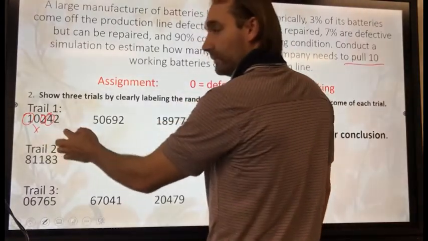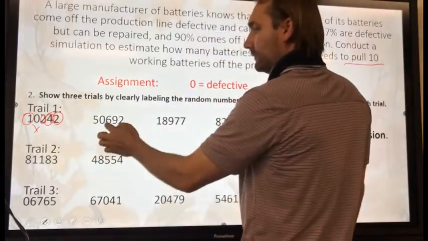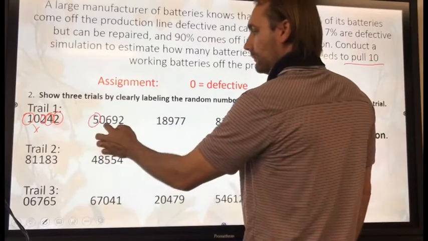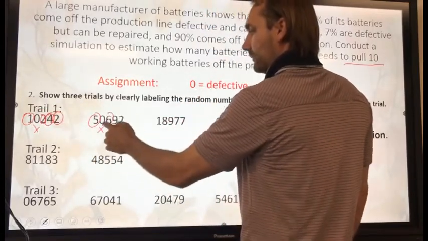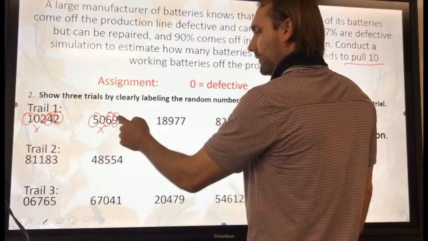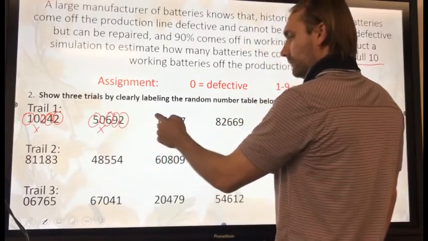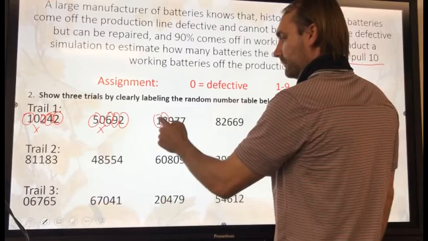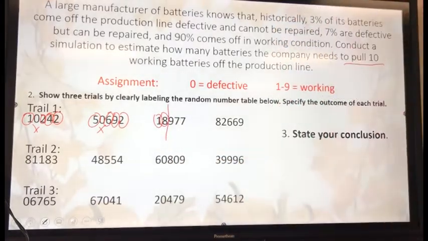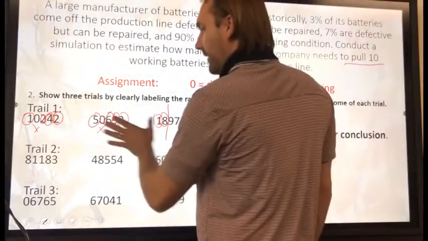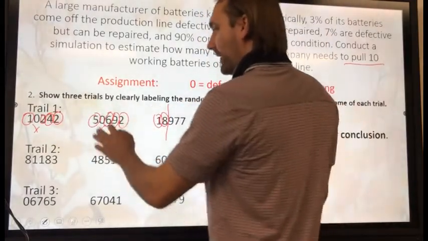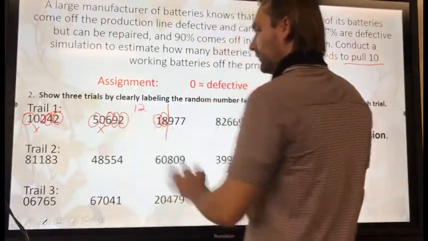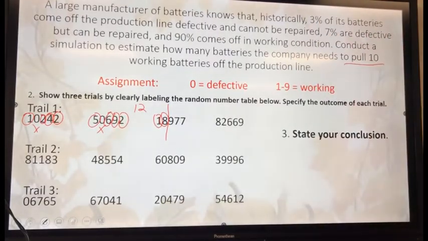There's 3. 2. 5. 0. No. So I have 1, 2, 3, 4, 5, 6, 9, 2, 1, 8. So here we go. I got all 10. I now have 10 that are working. 1, 2, 3, 4, 5, 6, 7, 8, 9, 10. It took how many tries? 12 tries, right? To get 10 that are working.